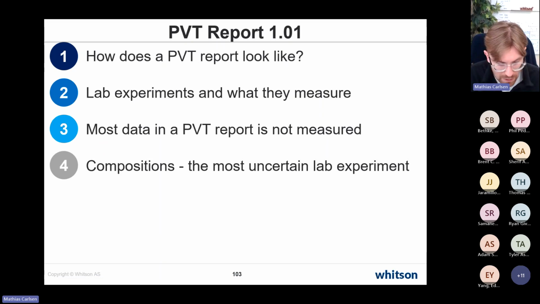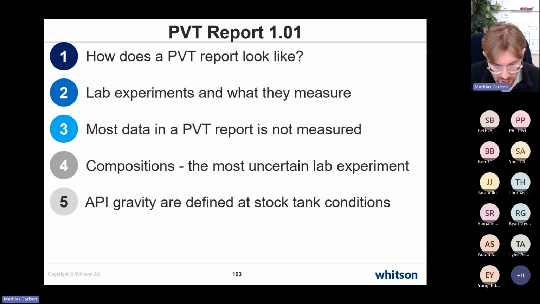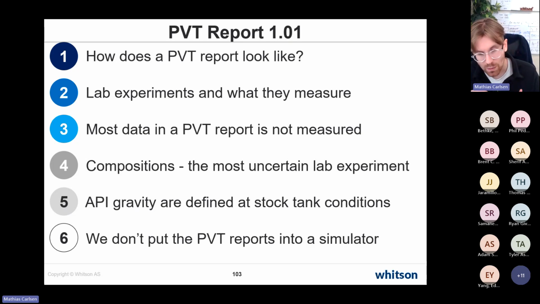We're going to talk about compositions, and a special thing related to API gravity. We also want to emphasize that we don't put PVT reports into a simulator. We always have to go through a model, whether that's a correlation or an equation of state or something else.